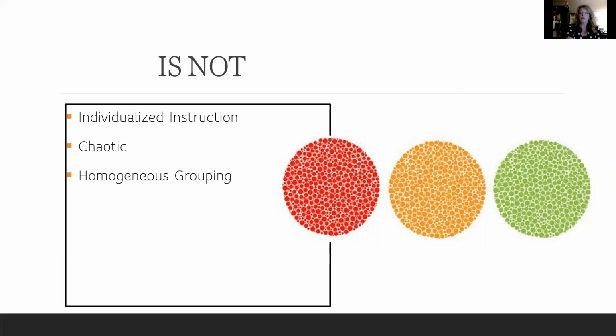So fluid is a good word to describe assignment of students to groups in a heterogeneous classroom. Are there times when you're going to have students grouped together because they have some of the same needs? Absolutely, but it doesn't mean we're locked in there and we can't move to another group or interact with someone from another level or better understanding.